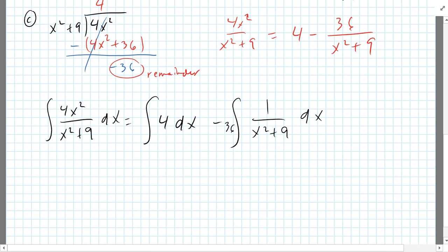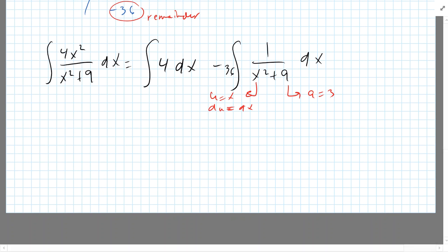And you're going to look at this and go, oh, it's inverse trig. My a is equal to 3, u is equal to x, du equals dx. And I go, okay, well that's easy.